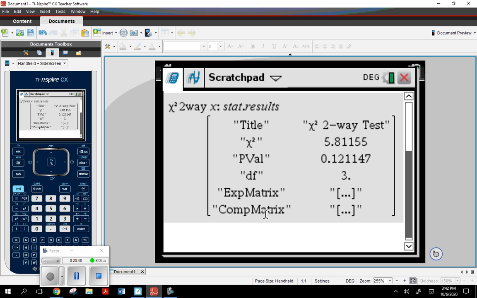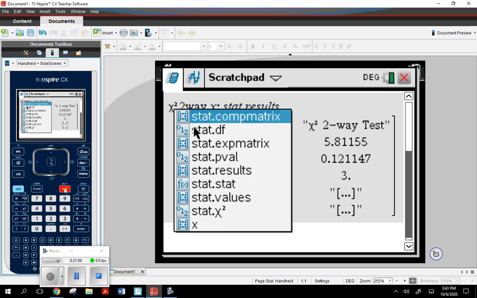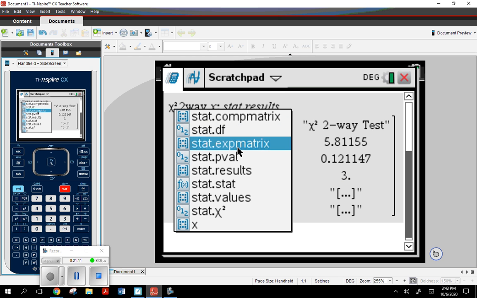Now let's say that your problem asks you about the expected frequency matrix. We're going to finish up the problem in just a second, but once you have your results, click on the variable button, the one you used to store it, and look for the EXP matrix.